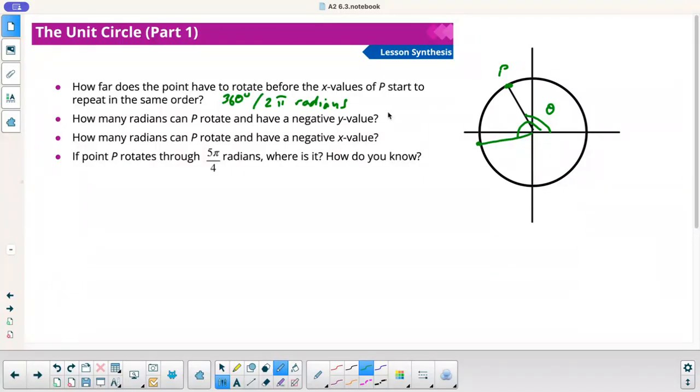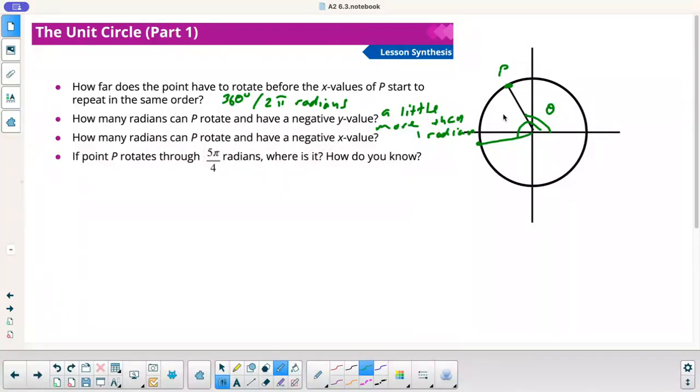So I'd say a little more than 1 radius, because this arc length looks a little bit longer than the radius, a little more than 1 radian.